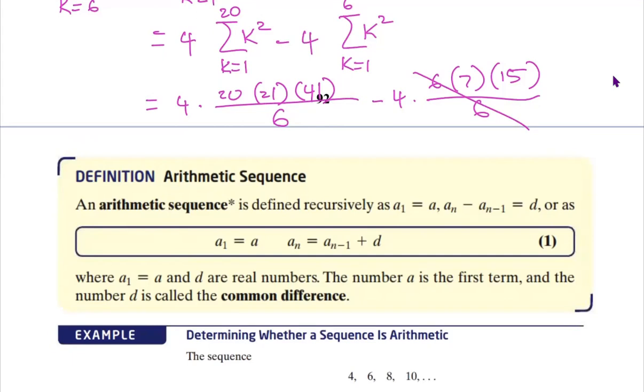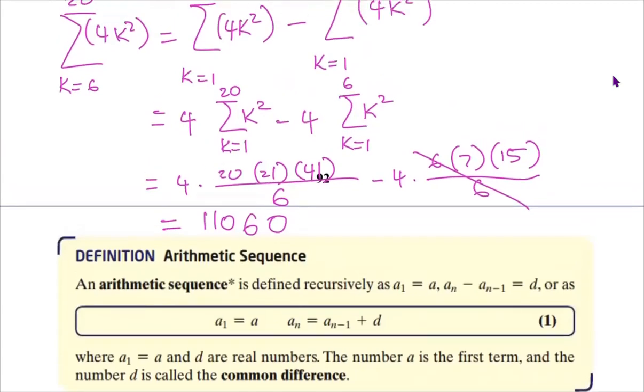So that is 4 times 20 times 21 times 41 divided by 6, minus 4 times 7 times 15. It equals 11,060.